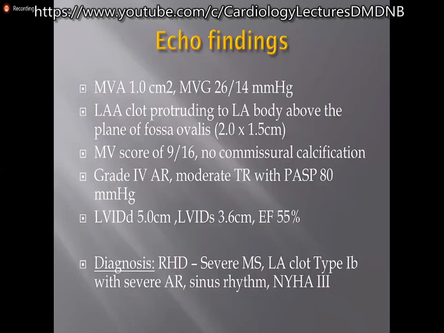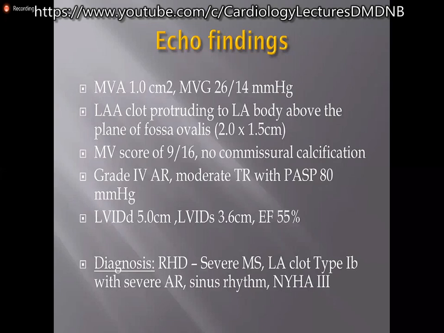And the echo findings were mitral valve area 1 centimeter, mitral valve gradient 26/14, and LA appendage clot protruding into LA body, but above the plane of fossa ovalis, and score 9/16, no commissural calcium, and PS systolic pressure is 80, and LV dimensions, S is 3.6, and D is 5, EF of 55%, and the diagnosis was severe MS, LA clot type 1B with severe AR, sinus rhythm.